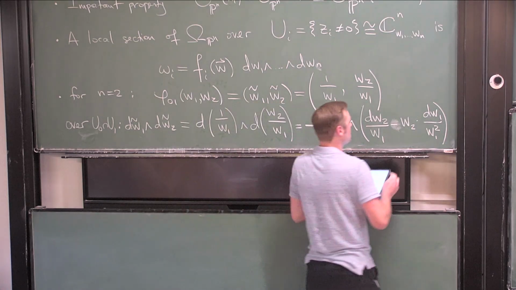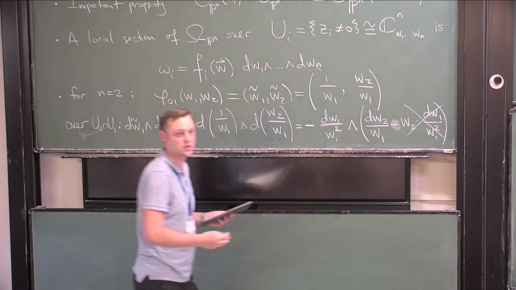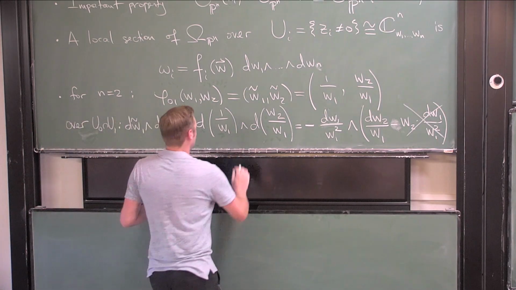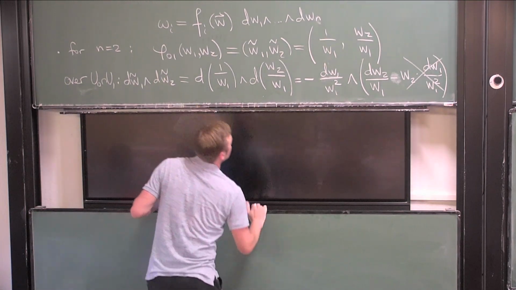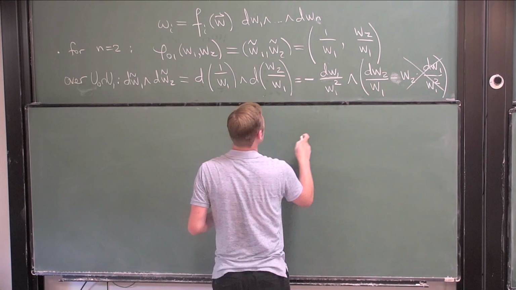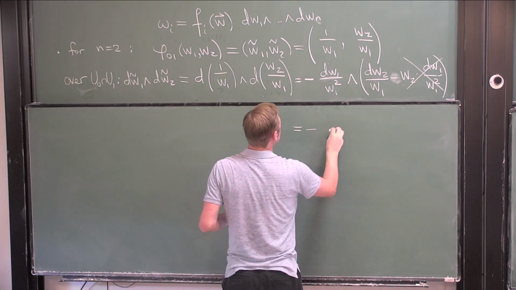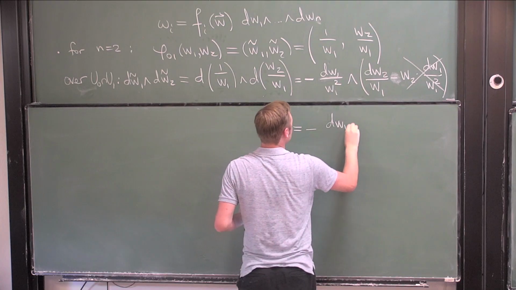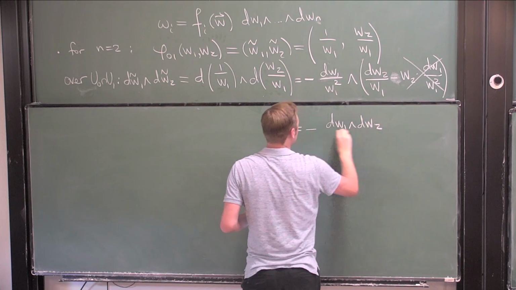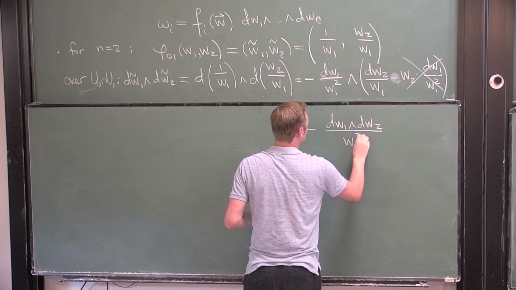So this other thing that I struggled to compute, I didn't even have to. What this equals in the end is minus dw1 wedge dw2 over w1 cubed.